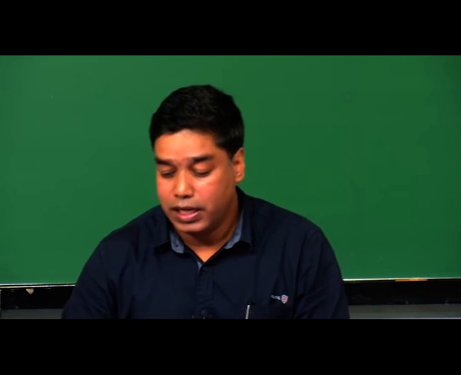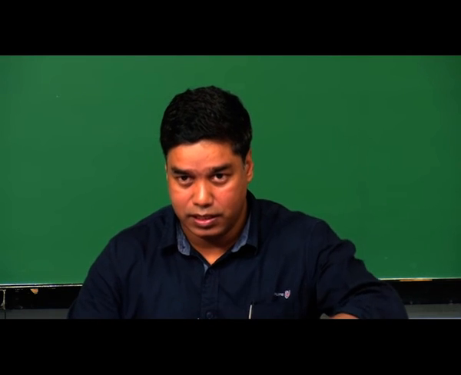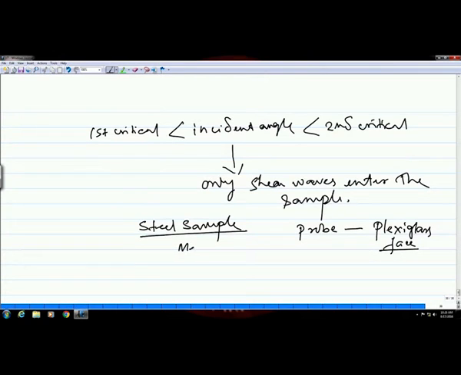So, many a times this face material which is in contact with the sample is made of plexiglass, and the sample is made of steel. Okay. So, that means our medium 1 in this case is the plexiglass, because the waves will first come out through this plexiglass face, and then it will go to the sample. So, that is the medium 2, which is in this case steel.